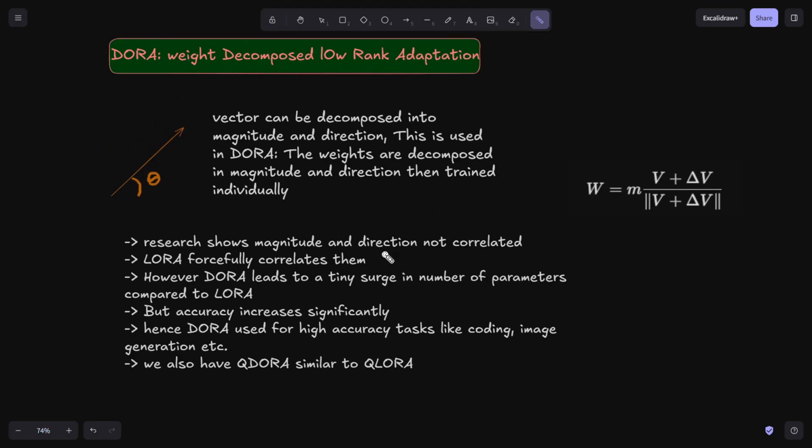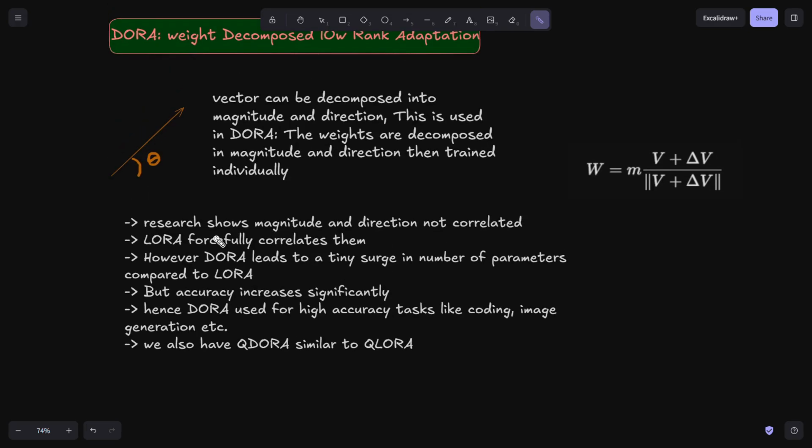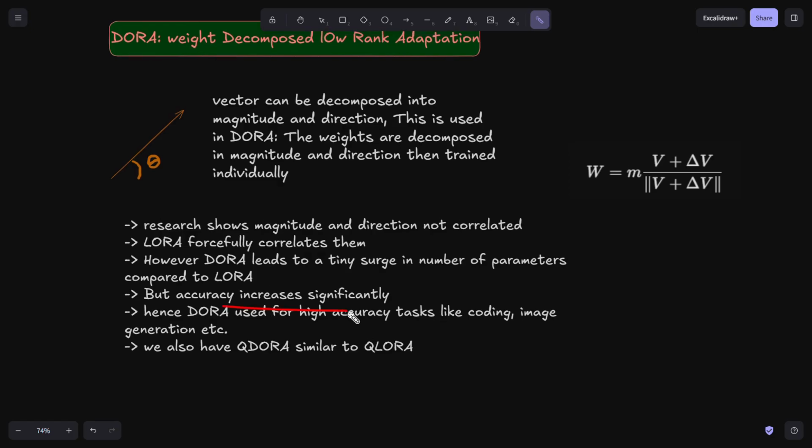Now, however, this technique leads to a tiny surge in the number of parameters as compared to LoRA, because now a single weight consists of two entities, which are magnitude and direction. But then the accuracy will increase significantly, because the two different entities are trained separately and then added together.